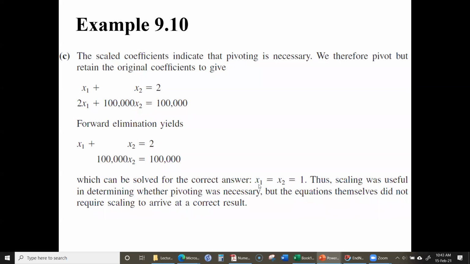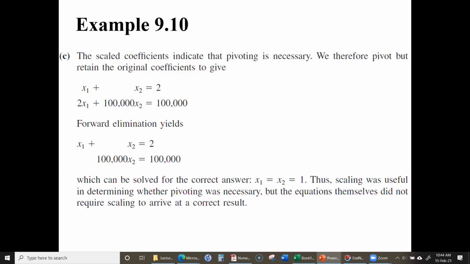Remember that the exact results are x1 is equal to 1.00000 something, and x2 is 0.99998 something. Both are close to 1, so the good enough results are x1 and x2 equal to 1. We can obtain these just by using a low number of significant digits and using the pivoting and scaling techniques.